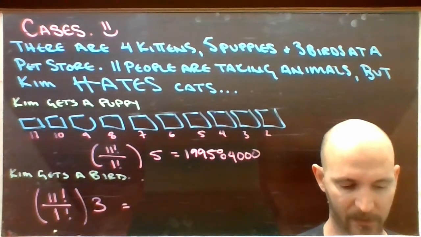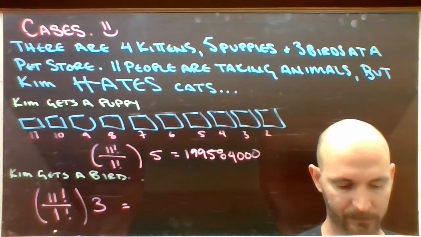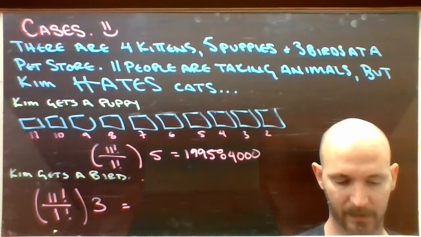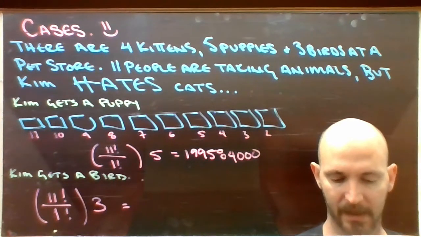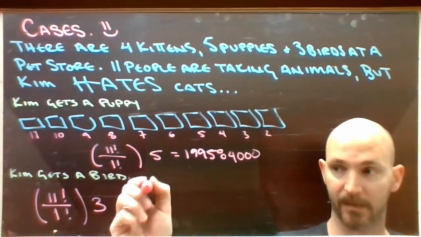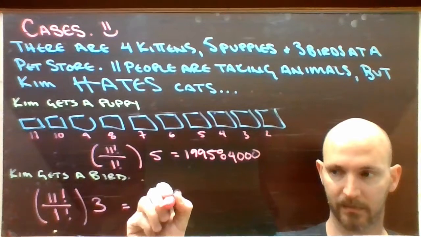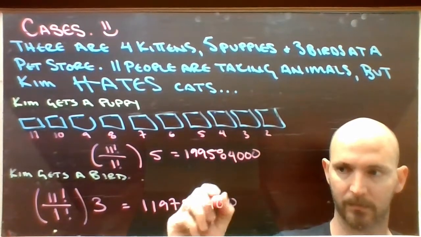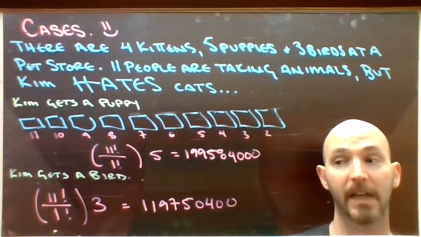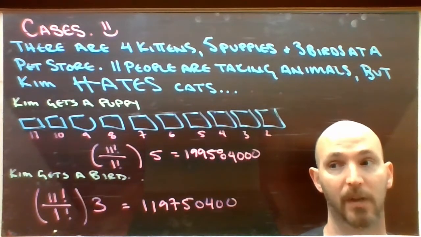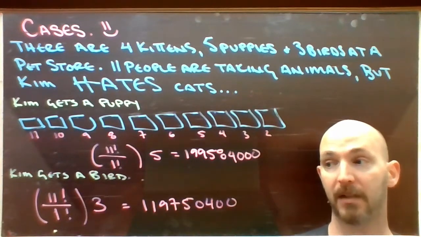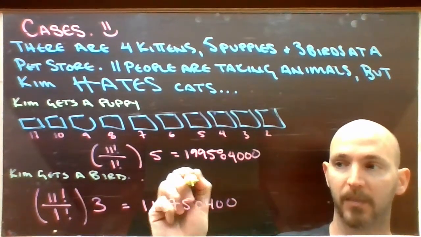So 11 factorial multiplied by 3 gives me 119,750,400.